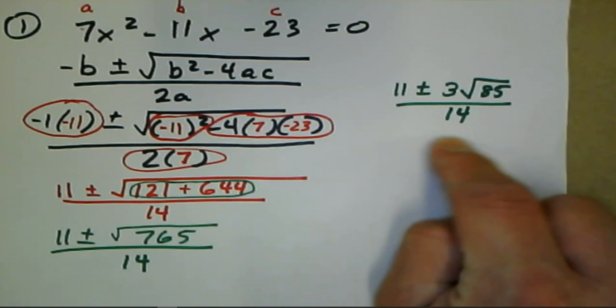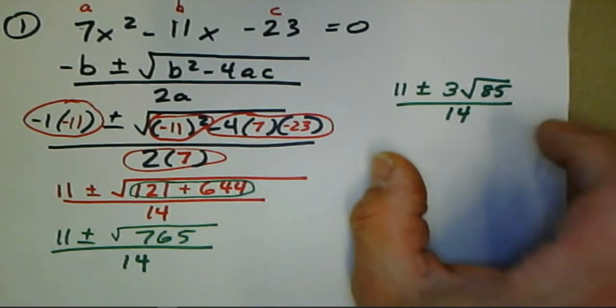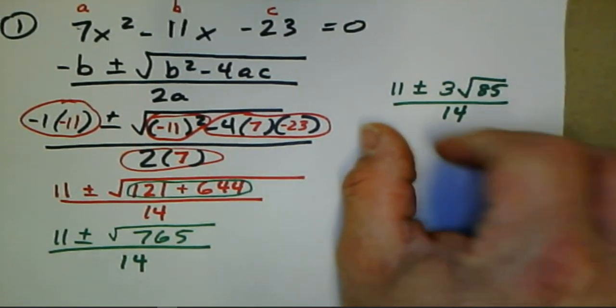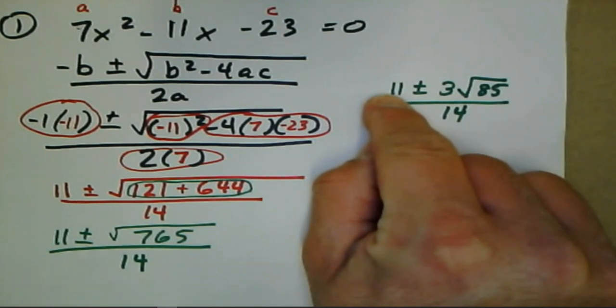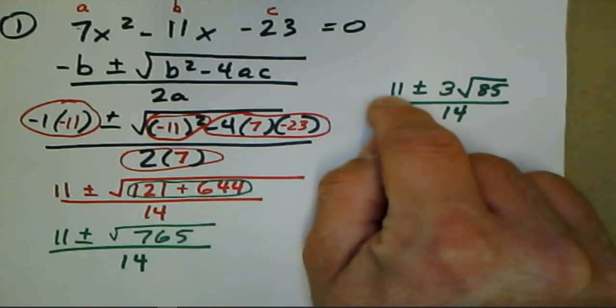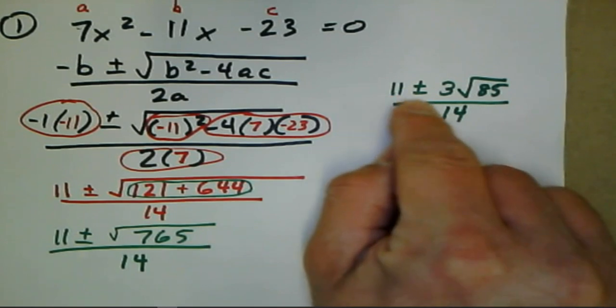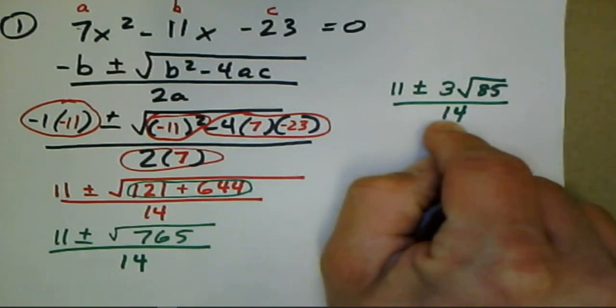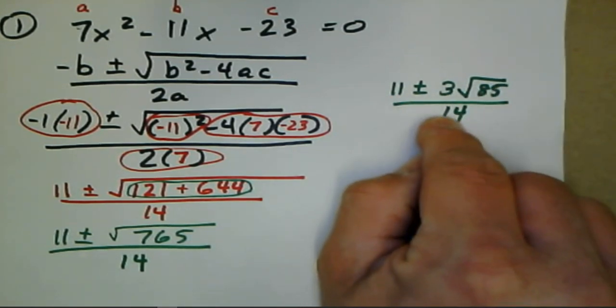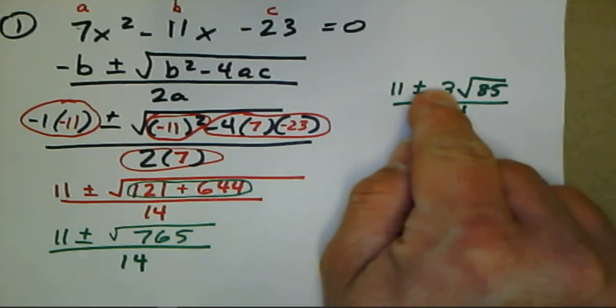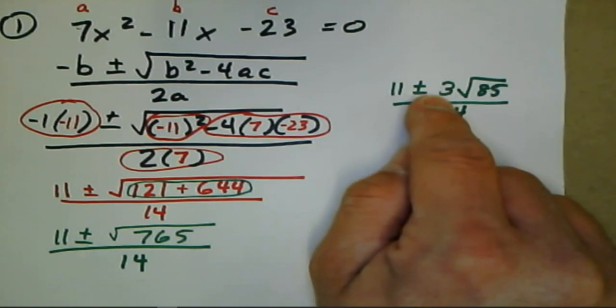Okay, guys. Now, there's only one other thing that you can do here. And that's to see if the 11, the 3, and the 14, you can't look at the number on the inside, if all 3 of these numbers are divisible by each other. So 3 is a prime number.